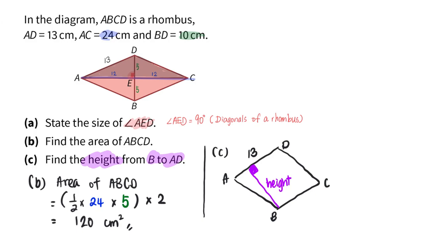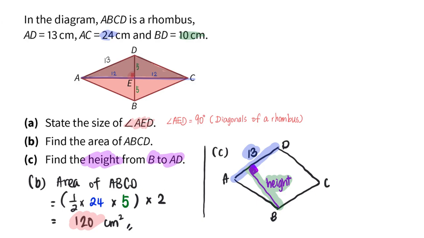please remember that for the area of a parallelogram, and a rhombus is a special type of parallelogram, base times height will be equals to area. And we have the area here, 120 cm squared. And therefore, I could simply write down the height.